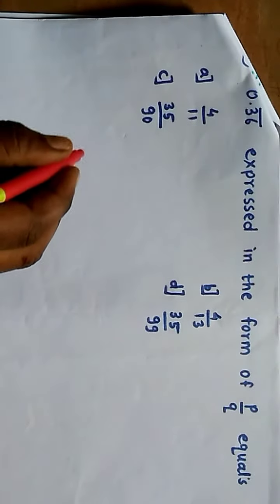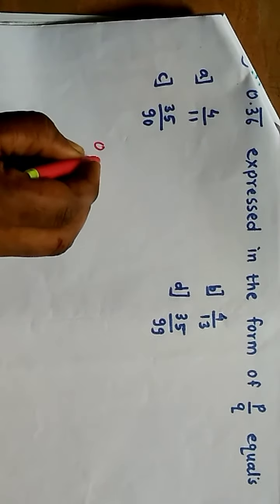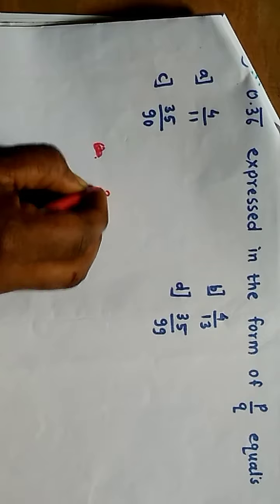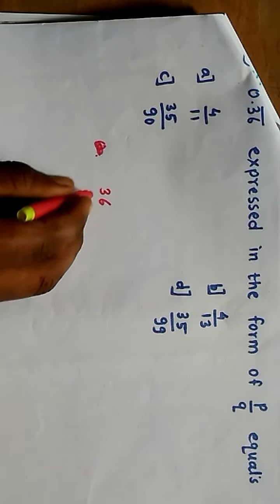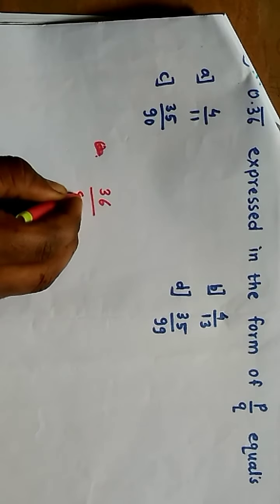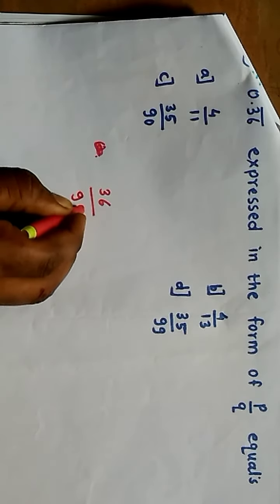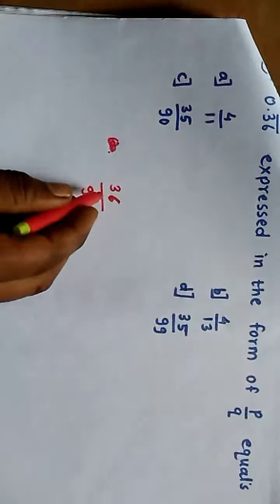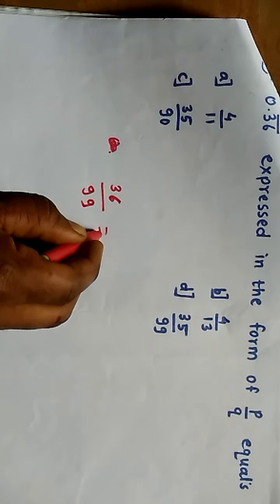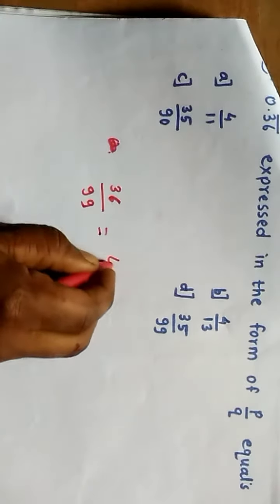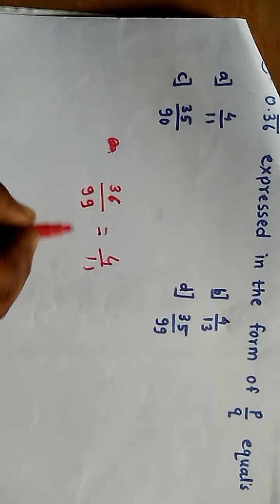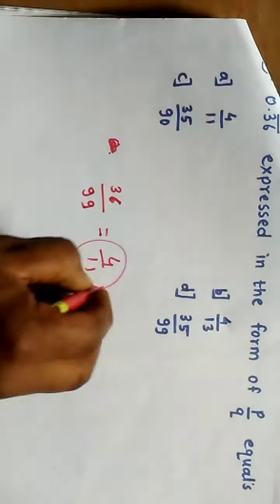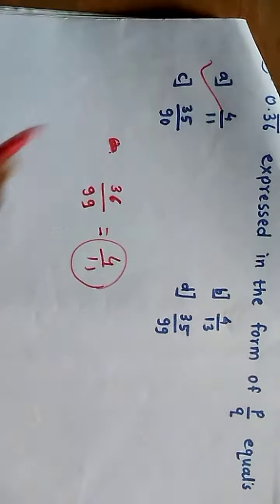For pure recurring decimals, we take 36 divided by 99. 36 divided by 9, so this becomes 4 by 11 when we divide by 9. So the answer should be 4 by 11.